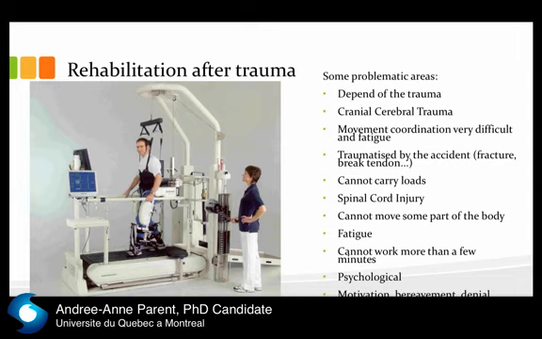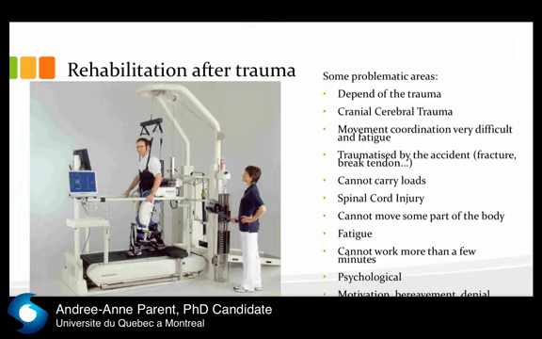If they don't have coordinated movement, in your exoskeleton you have to give really simple movement information, or you have to direct some movement. So you have to think about it. Trauma by accident, like fracture or broken tendon: you cannot use some part of the body, cannot carry load. You need to work with the doctor to know what you can do, what you cannot do. It's more difficult in a rehabilitation center.